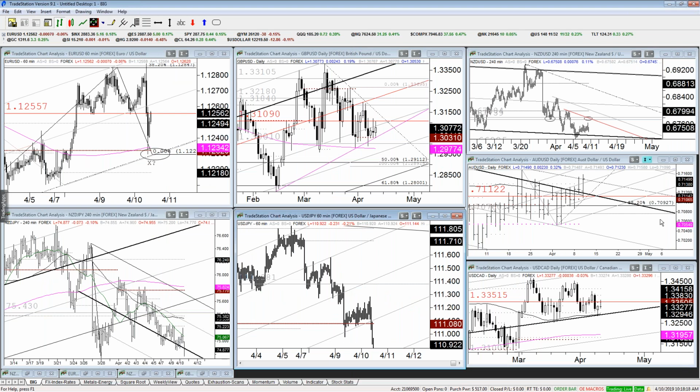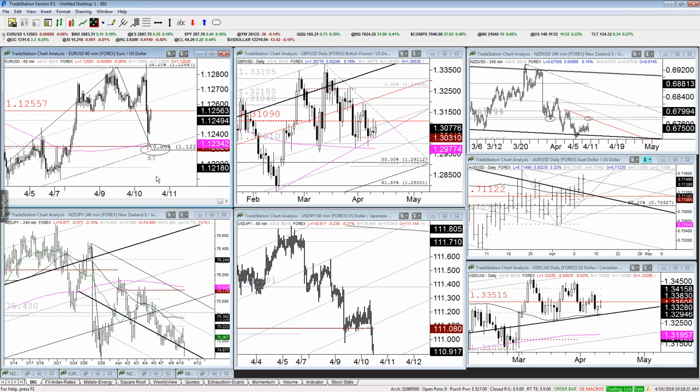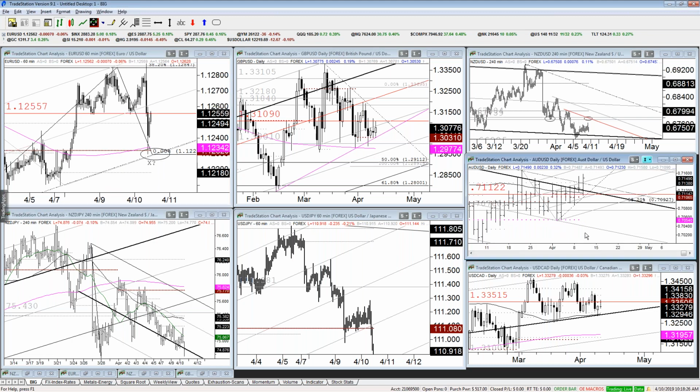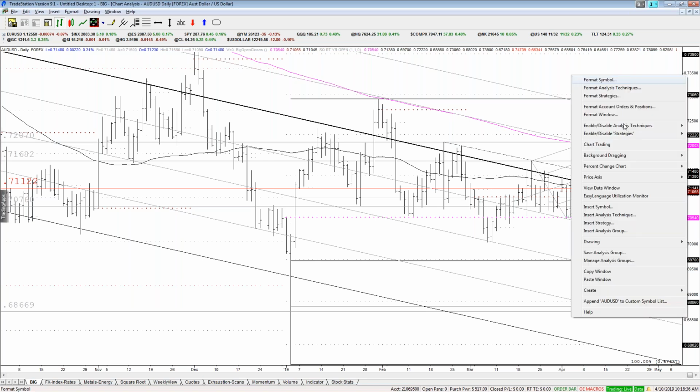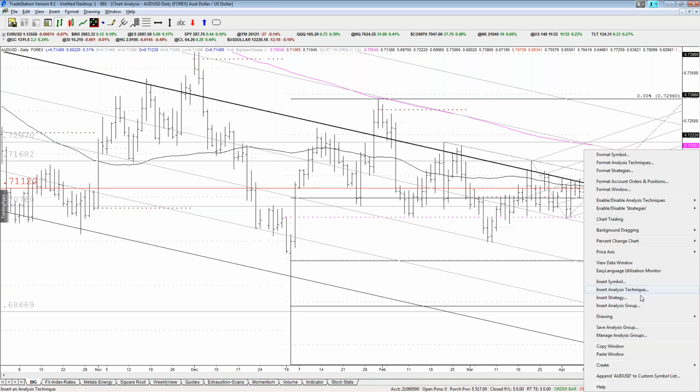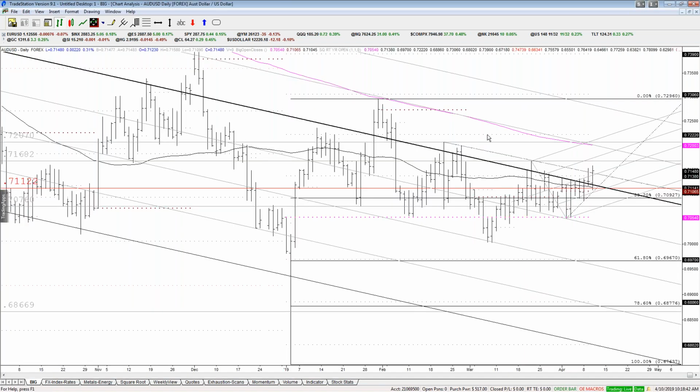To the Aussie dollar, super interesting here in that, do we have an inverse head and shoulders here? We just put up a cleaner chart, okay? Get rid of that.